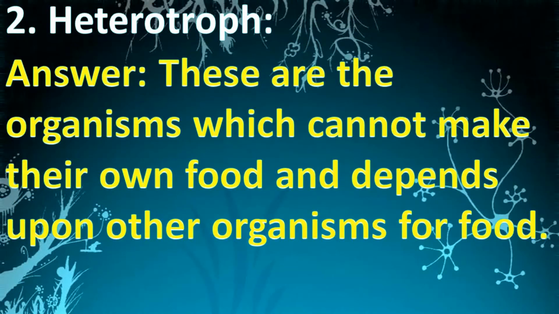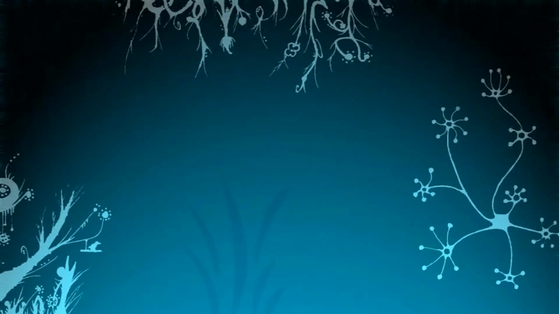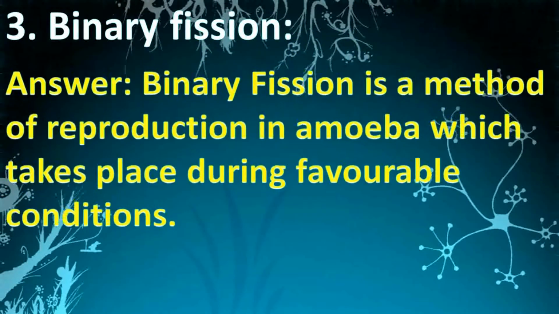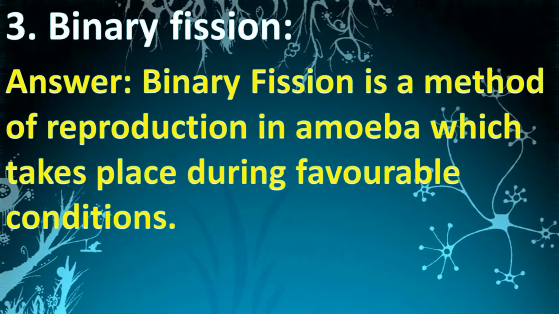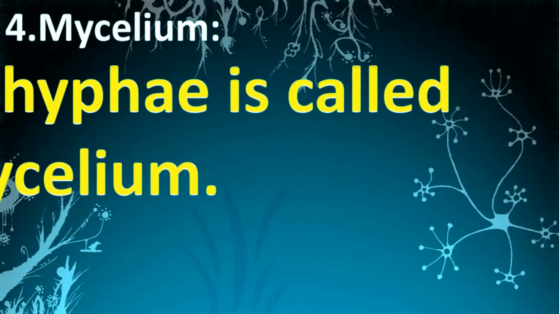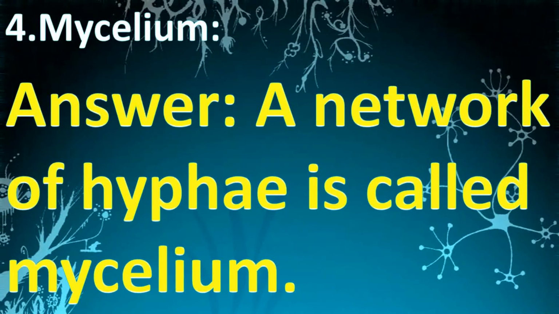These are the organisms which cannot make their own food and depend upon other organisms for food. Binary fission. Binary fission is a method of reproduction in amoeba which takes place during favorable conditions. Mycelium. A network of hyphae is called mycelium.